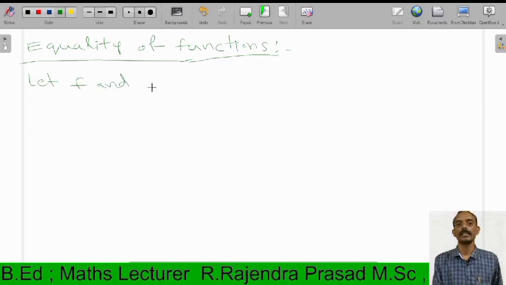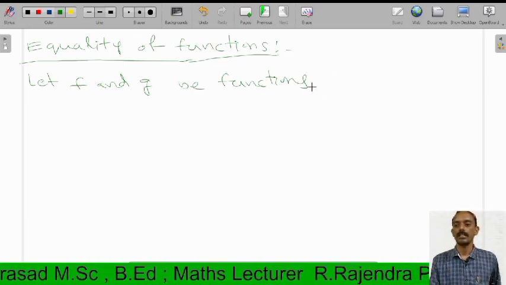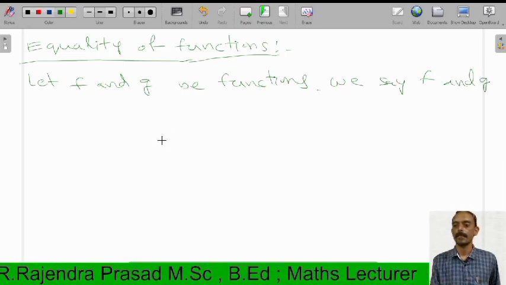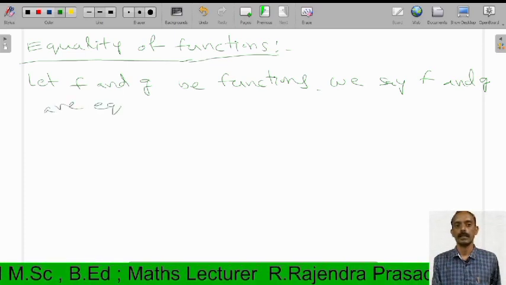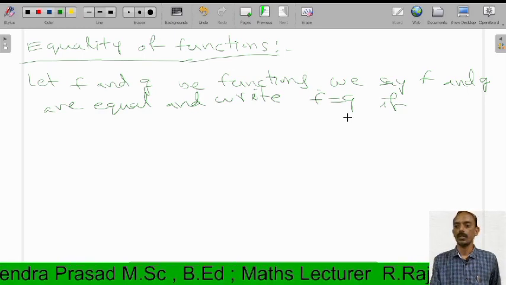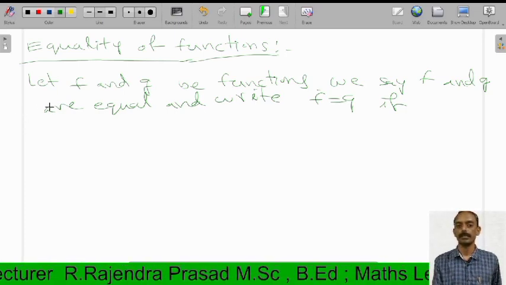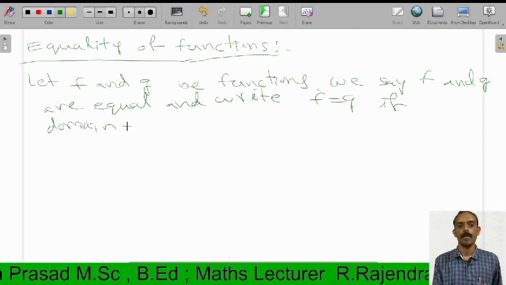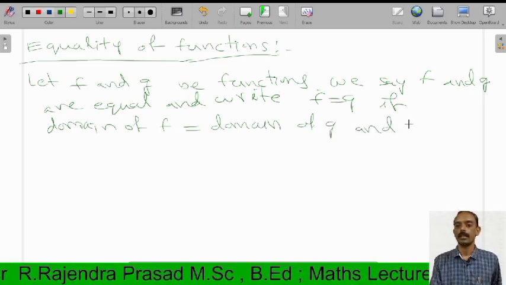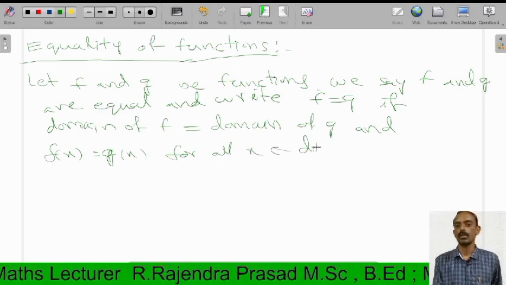We say f and g are equal, and write f equal to g, if domain of f equals domain of g, and f of x equals g of x for all x belongs to domain of f.